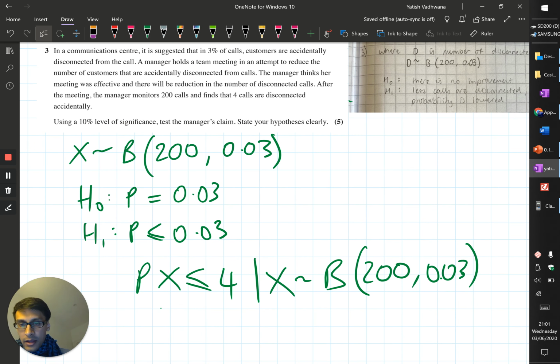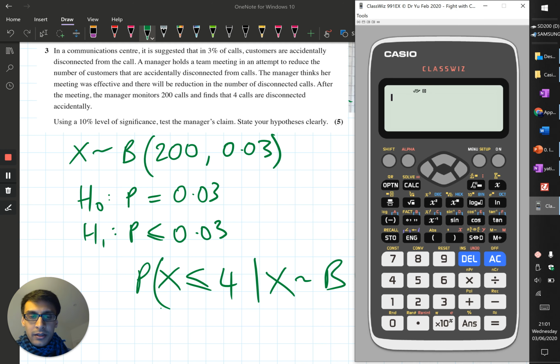So we can then put this in a calculator. So we're going to go to mode. And this time we have the correct calculator. So we're going to go to distribution and go down to binomial cumulative distribution. This time it's the variable.